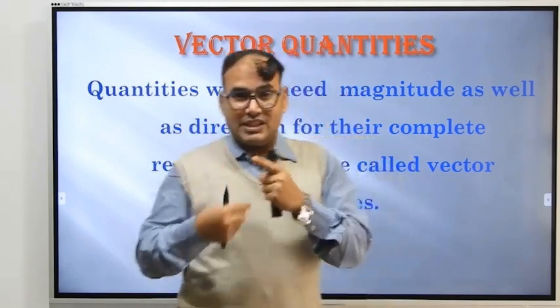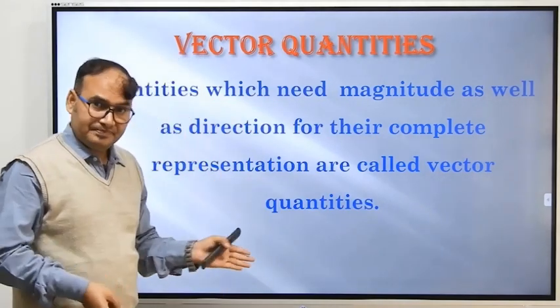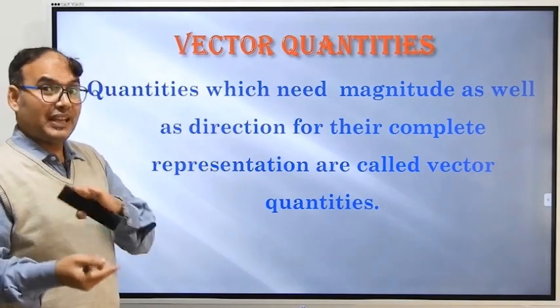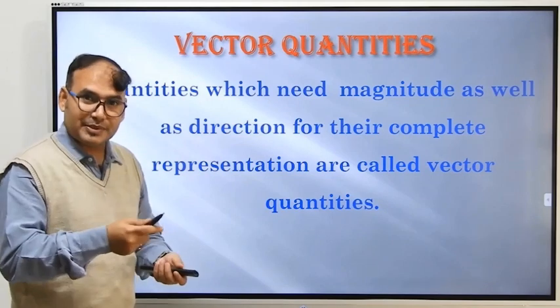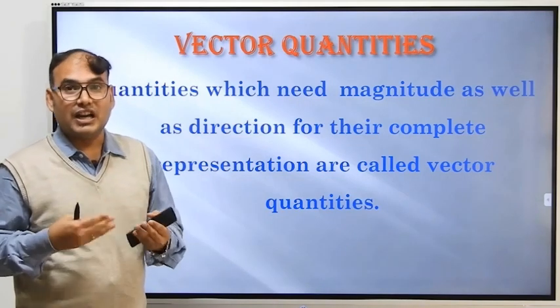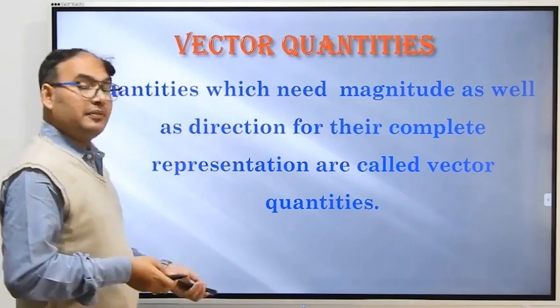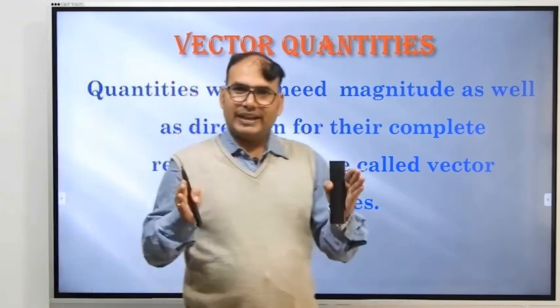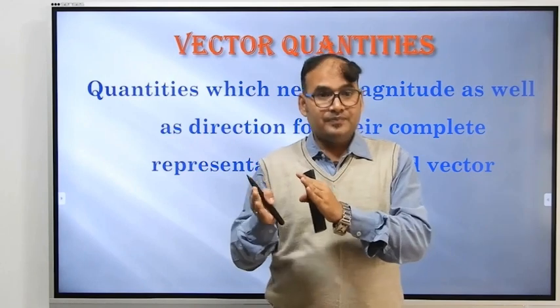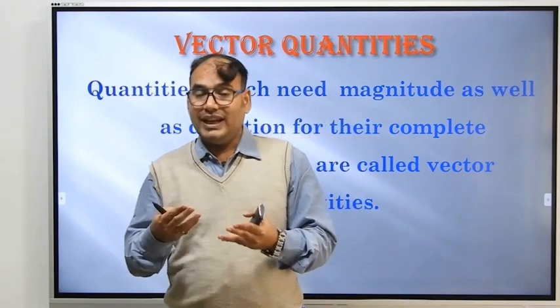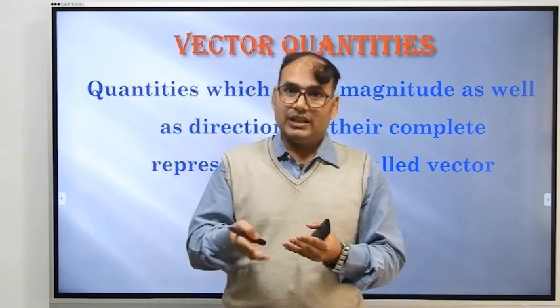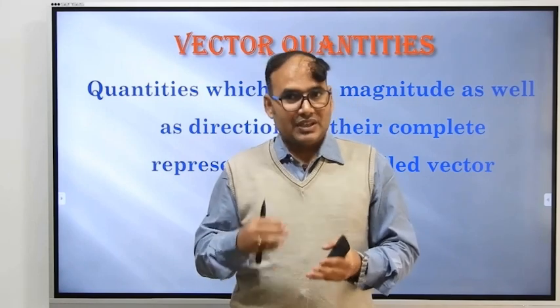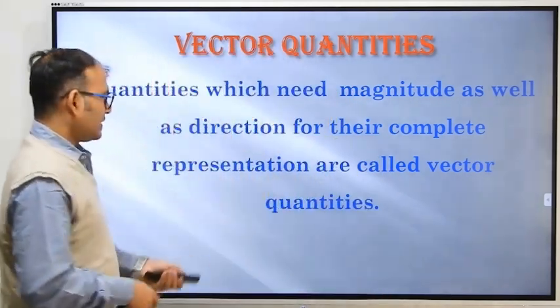So the physical quantities which require magnitude as well as direction for their complete representation are called vector quantities. Scalar quantities do not require any direction, while vector quantities require magnitude as well as direction. So those are the definitions I told you.